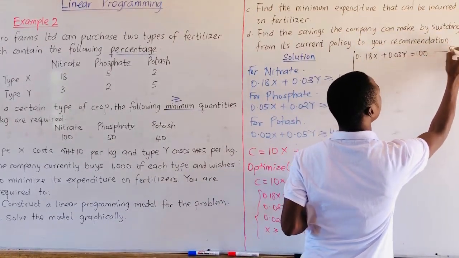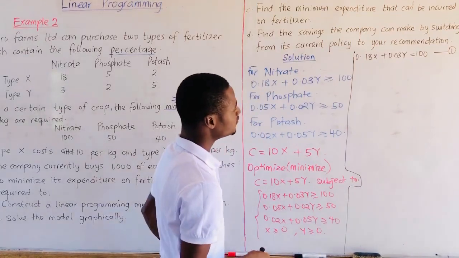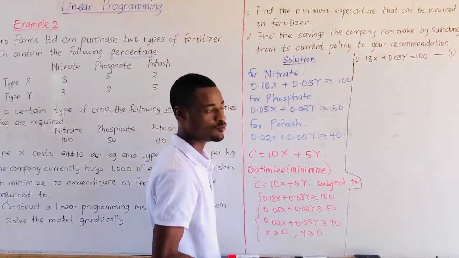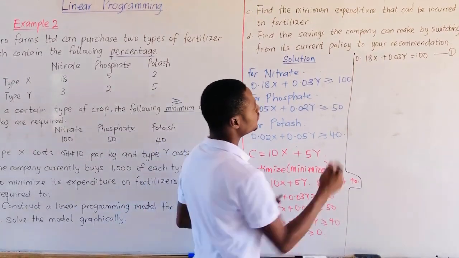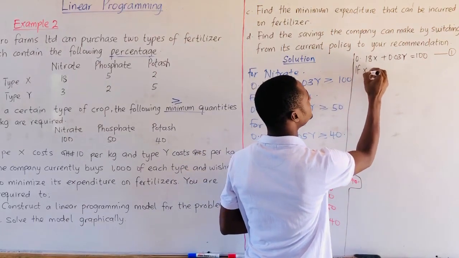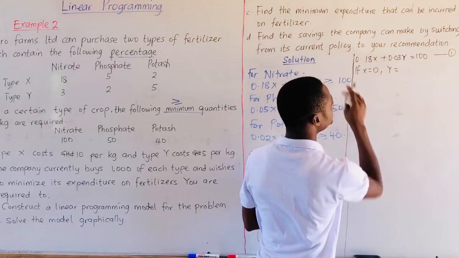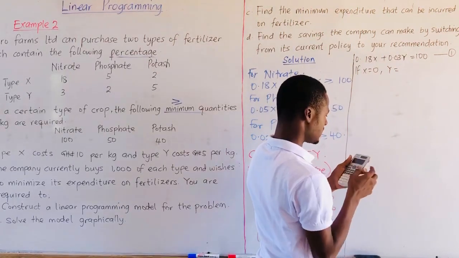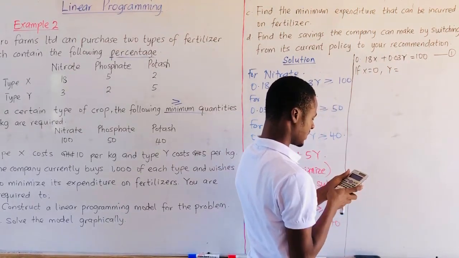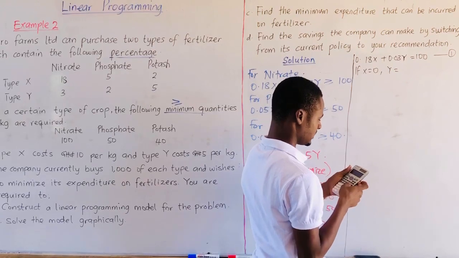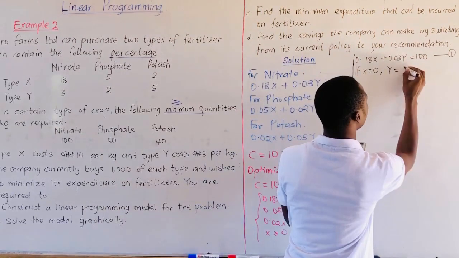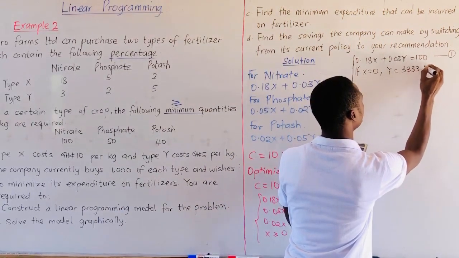We have learned how to get points from these equations already. So by putting x equal to 0, we will have y equal to 100 divided by 0.03, and that gives us 3333.3.